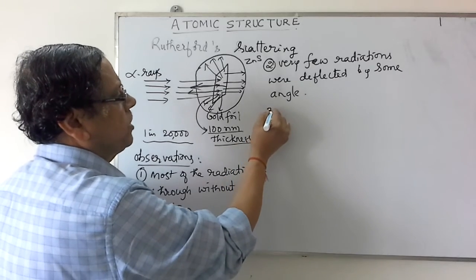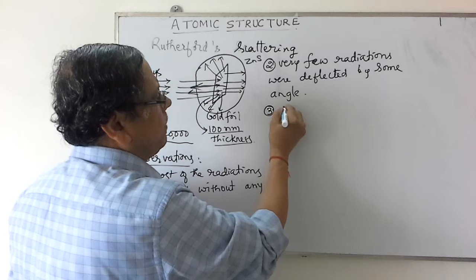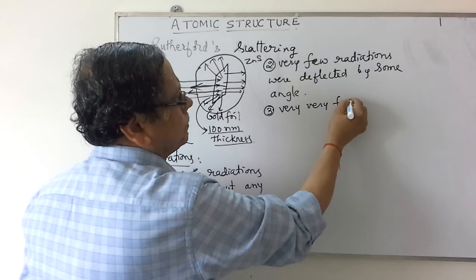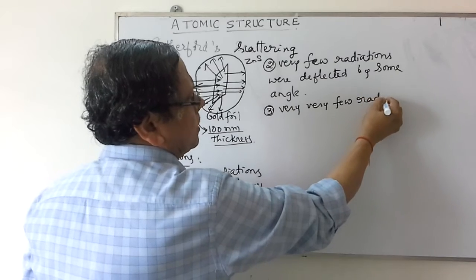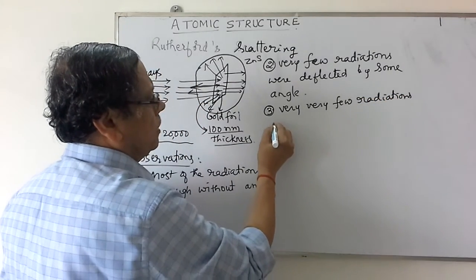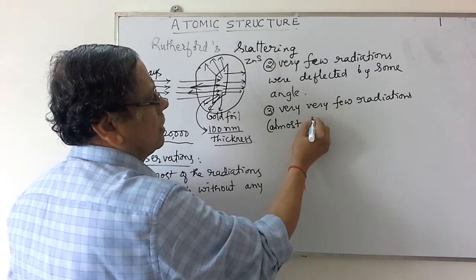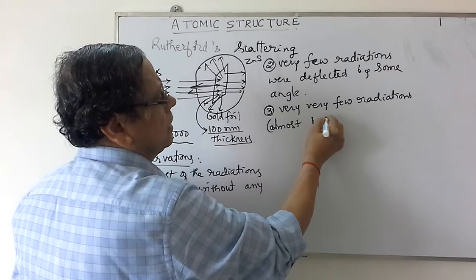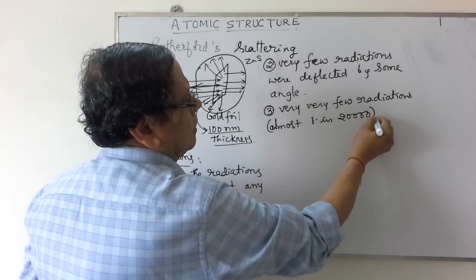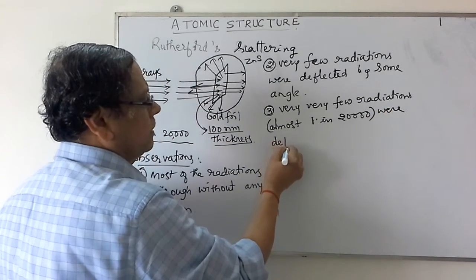And the third observation made was very few radiations, that is almost 1 in about 20,000, were deflected back.